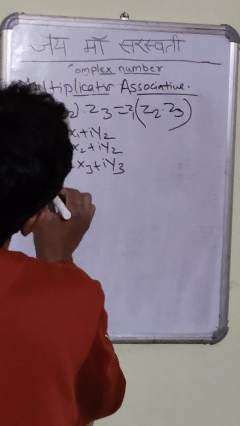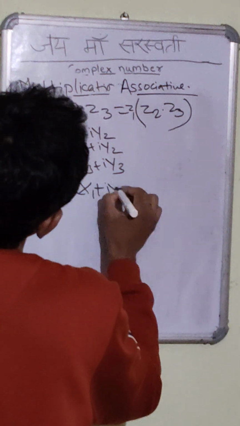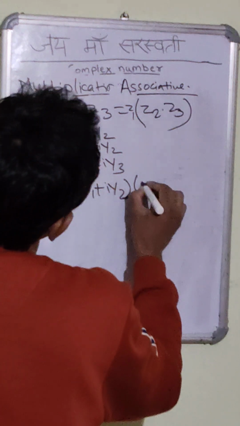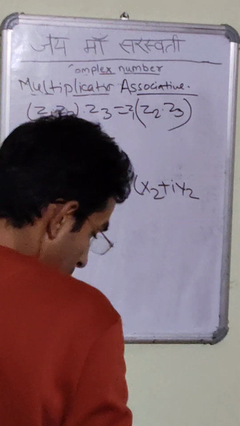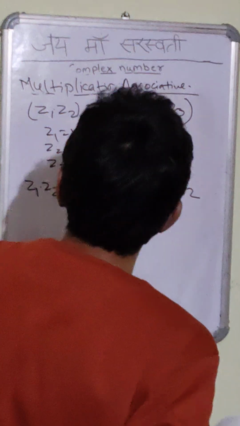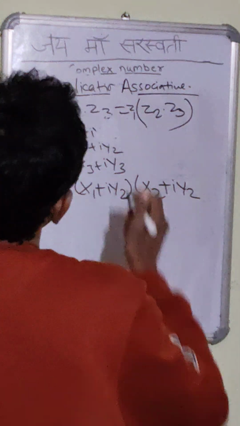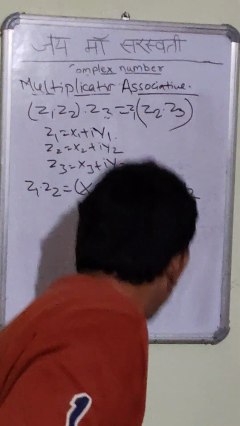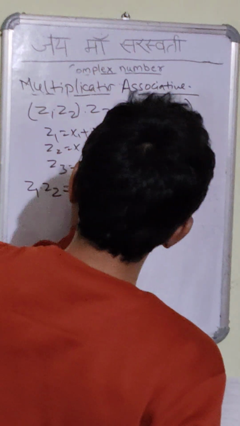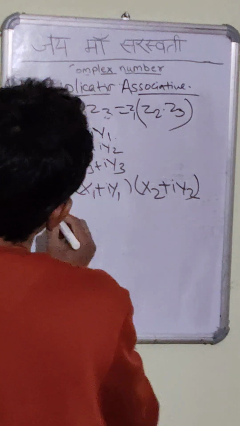So it will be Z1 into Z2, that is (x1 plus iy1) into (x2 plus iy2). I made a mistake writing 2 earlier; it will be x1 plus iy1, and secondly x2 plus iy2.